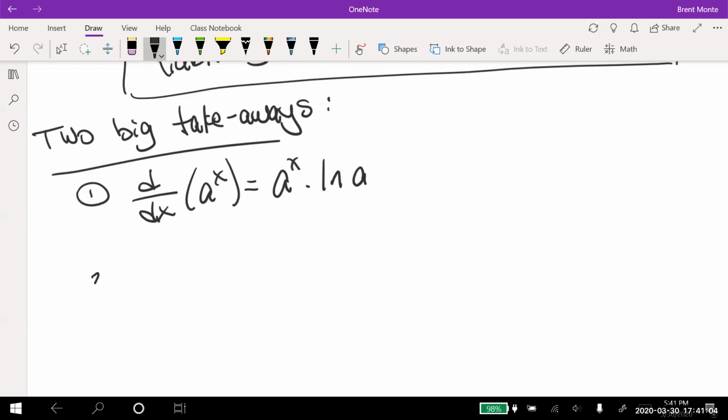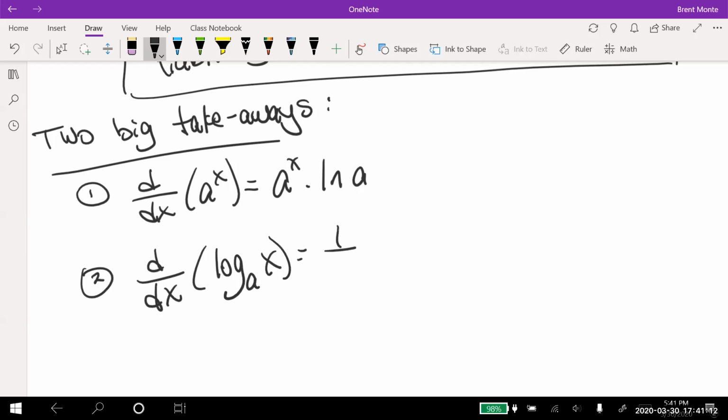And 2, the derivative of log base a of x is 1 over x, just like with ln, but then times 1 over the ln of a. Those are my two big takeaways for the day. Everything we did today is based on those two.